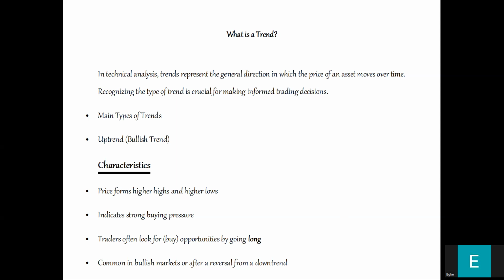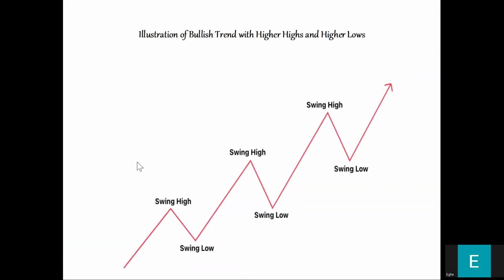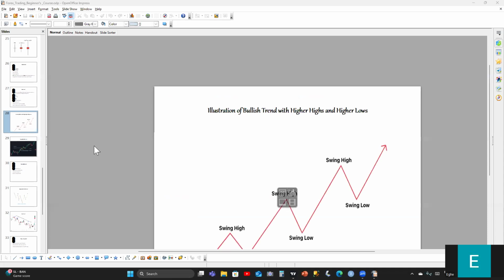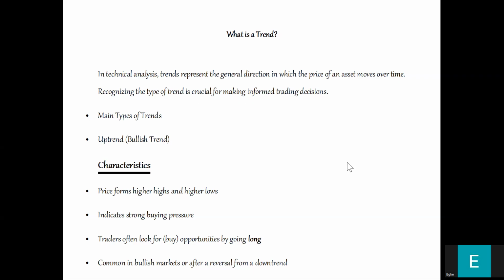And apart from that, it also indicates strong buying pressure, and traders often look for buy opportunities by going long.